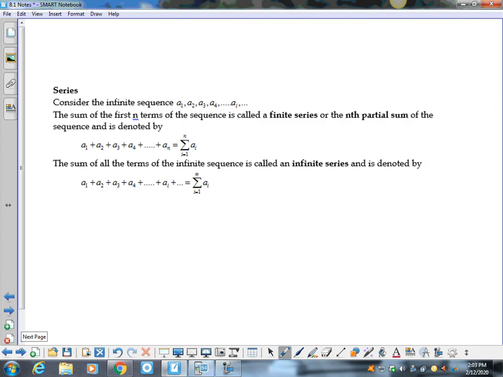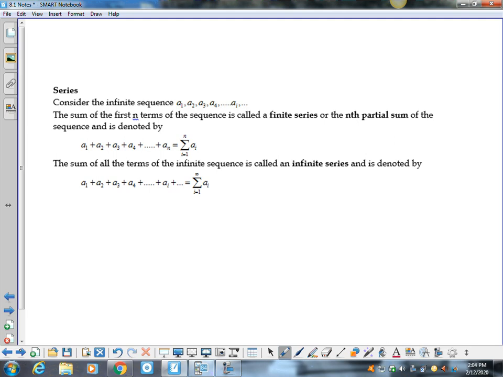So now we're going to talk about an infinite series, and we're going to sum the first n terms of the sequence, and that's called a finite sequence, or the nth partial sum. The whole sum would be the infinite sum.